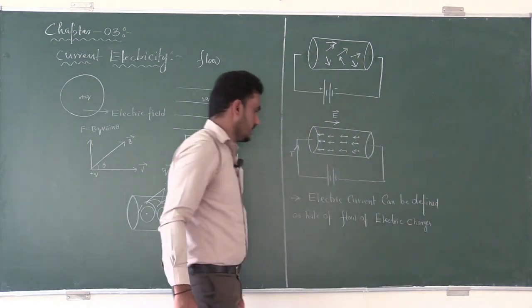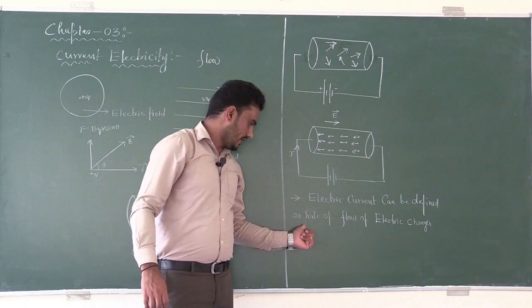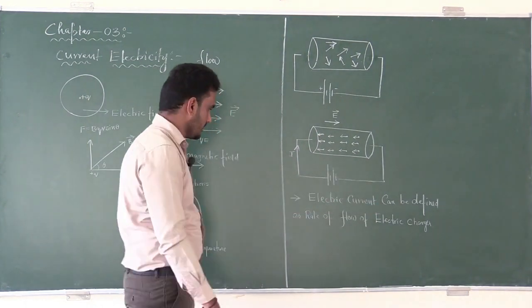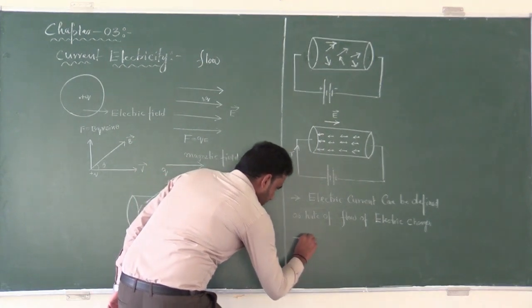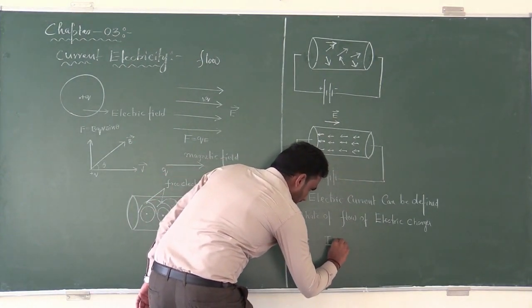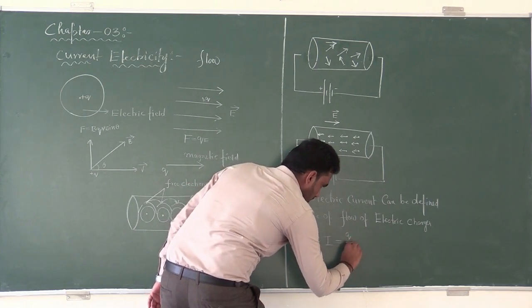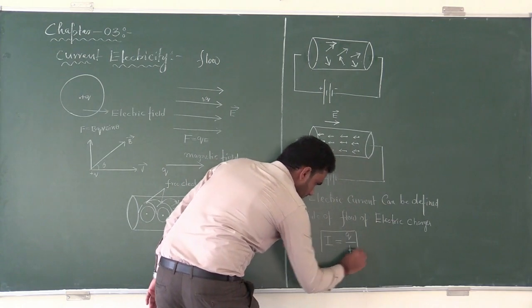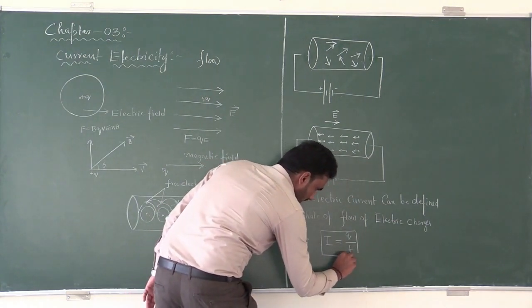See, electric current can be defined as rate of flow of electric charges. Mathematically, I can write the equation I is equal to Q divided by T. So this is a mathematical expression for electric current.